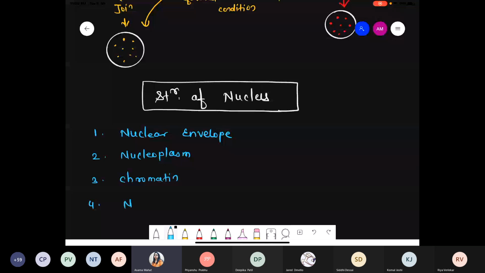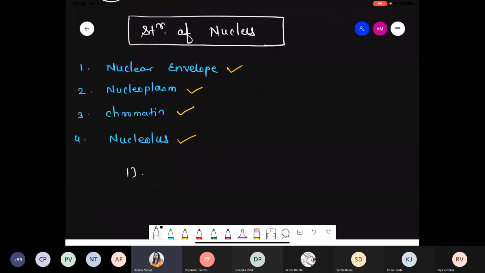And finally, without membrane structure, dark body, that is nucleolus. So in this point, we'll discuss the total 4 parts: nuclear envelope, nucleoplasm, chromatin structure, and the structure of the nucleolus. Okay? Now, first of all, we are talking about the nuclear envelope. Number 1. Chota hai, quickly we finish this part.